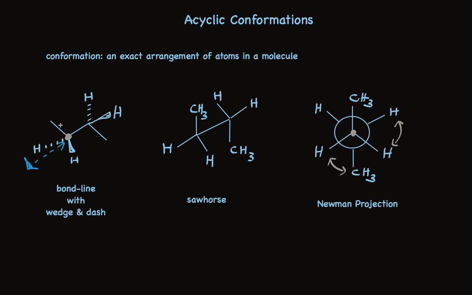So we'll use the bond line with wedge and dash when we don't care too much about determining those angles and looking at them exactly. But we'll switch over to the Newman projection when we want to see the actual relationships between atoms on one carbon and on an adjacent carbon, including looking at the angles themselves.